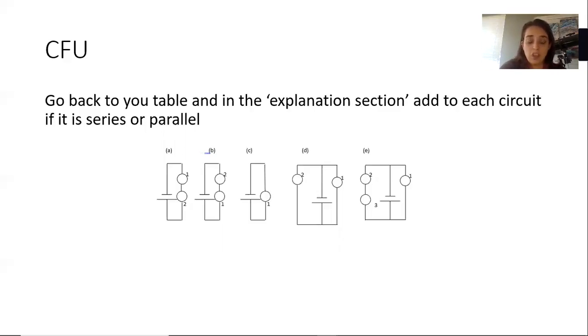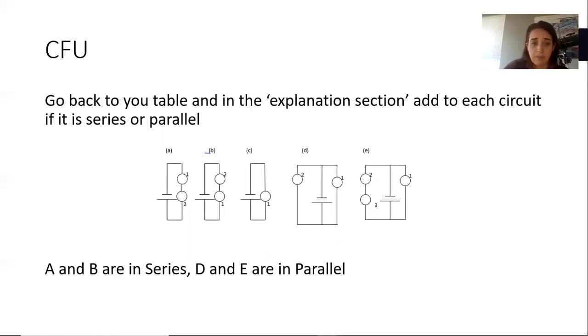Okay. You should have noticed for yourself that in the first circuit, A and B are both series circuits. And then D and E are parallel circuits. Right? C is neither because it just has one light bulb.